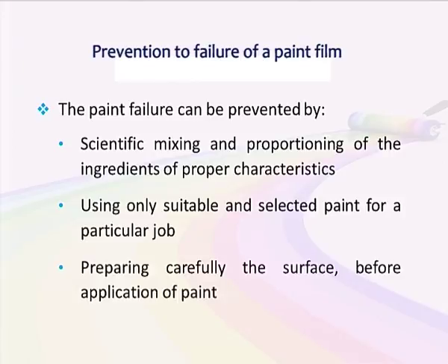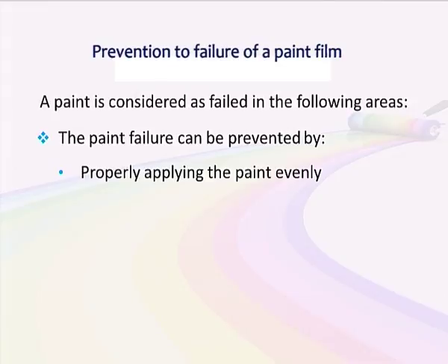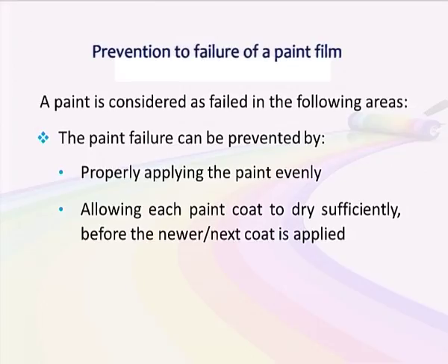We can prepare carefully the surface. It should be cleaned properly before applying any paint. Paint has to be applied properly and evenly. So, the application method, this is again very important. By allowing each paint coat to dry sufficiently before the next coat is being applied.